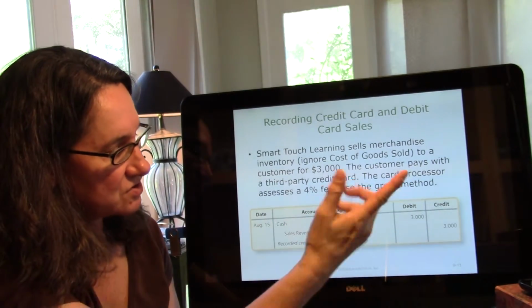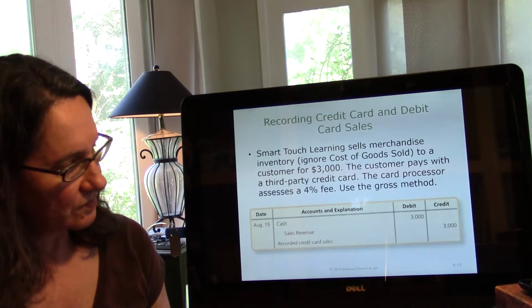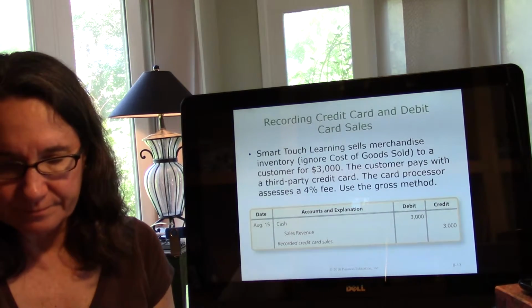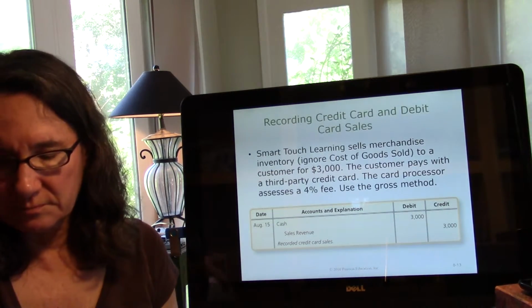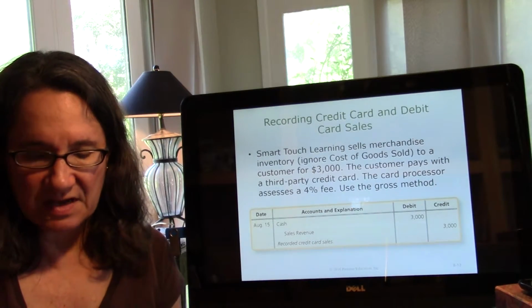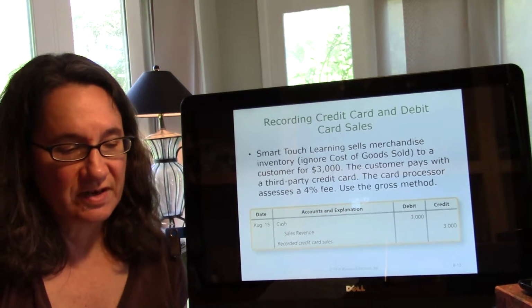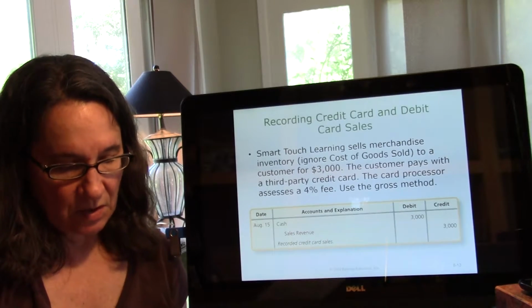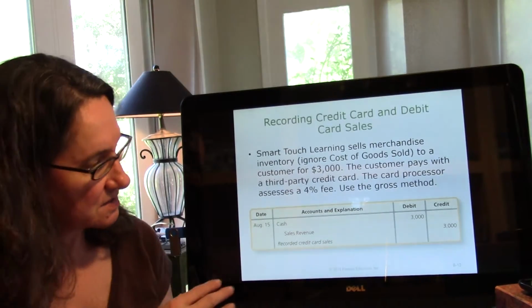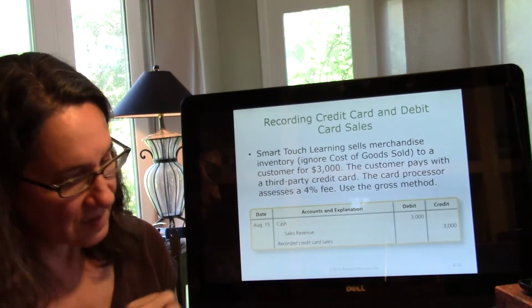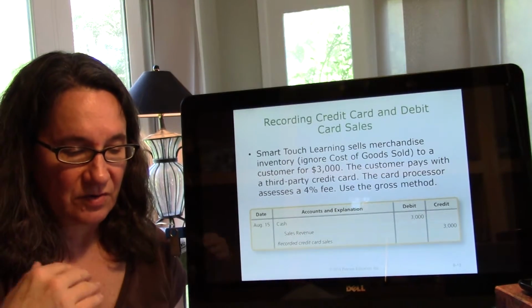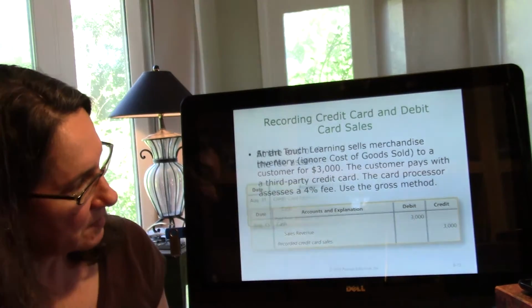So you just call it cash, $3,000, sales revenue, $3,000. The customer pays the fee. This will require 2 journal entries on different dates. So on August 15th, you did the $3,000, and then your debit to cash, credit to sales.